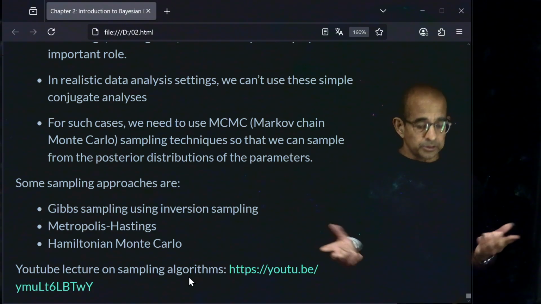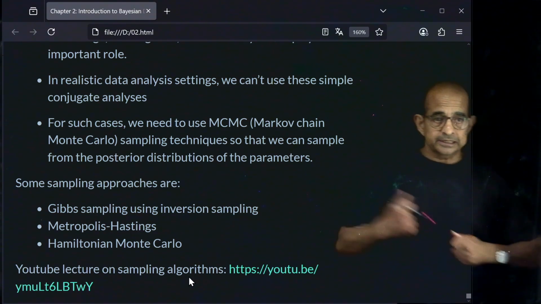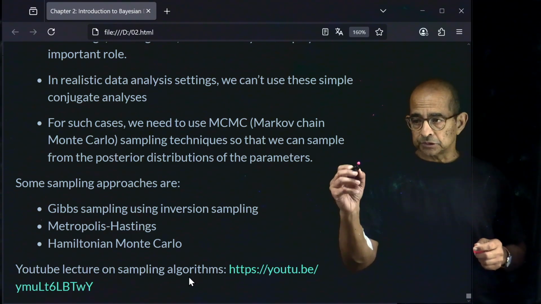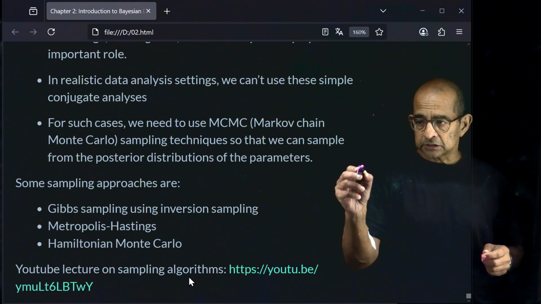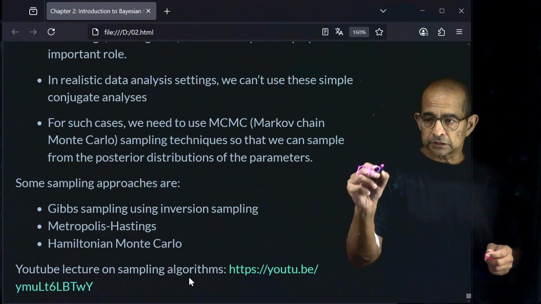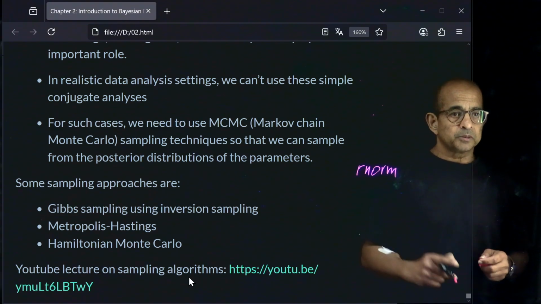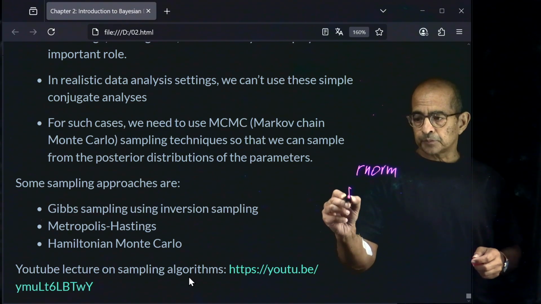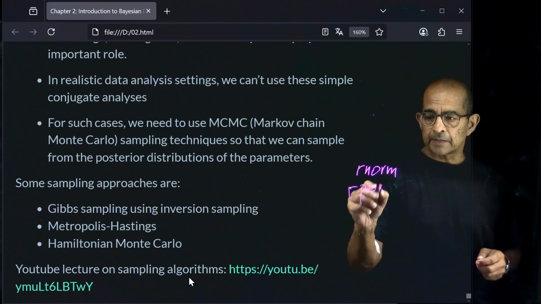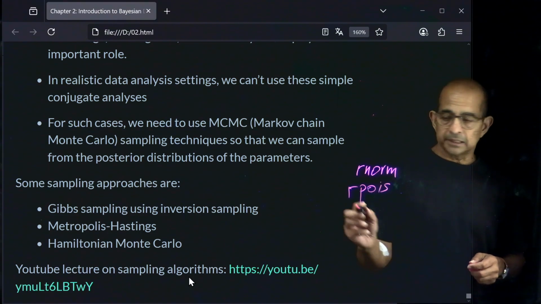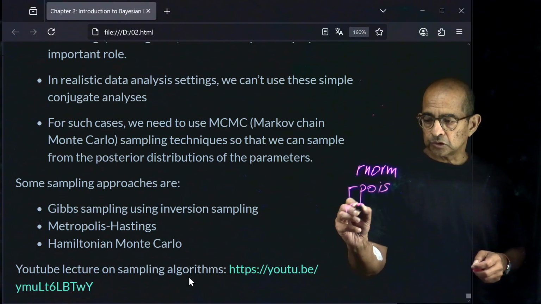But I just want to remind you that we have already looked at examples of samples from a distribution. So the R family of functions, for example, the rnorm function, is generating samples from a particular distribution. The rpois function is generating samples from a particular distribution, right? And the rgamma function would also do that, right?